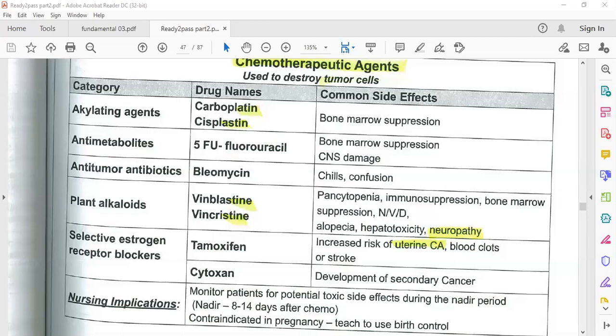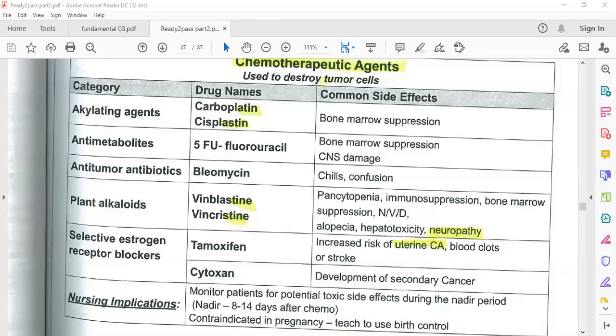In that case, we use cyclophosphamide to reduce the rejection. So how does cyclophosphamide work? Mode of action. Cyclophosphamide inhibits the normal immune response by blocking interleukin-2.